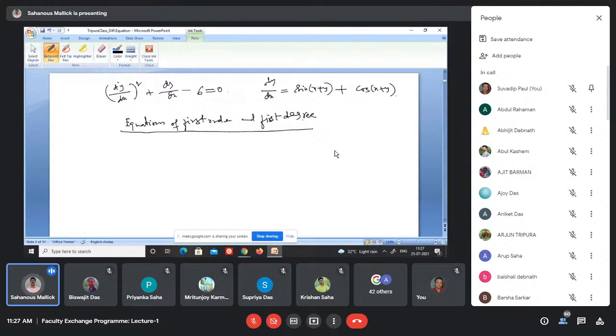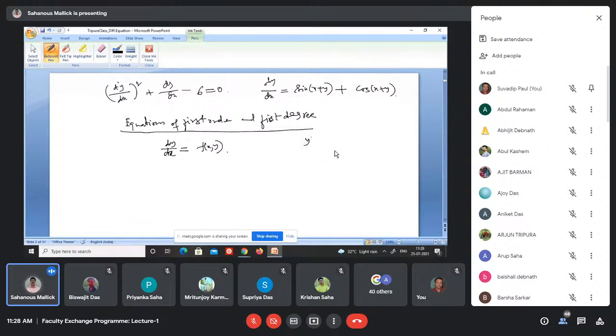An ordinary differential equation of first order and first degree can be written as dy/dx equal to f(x, y). You have to observe that here the dependent variable y must be present in the power of 1.